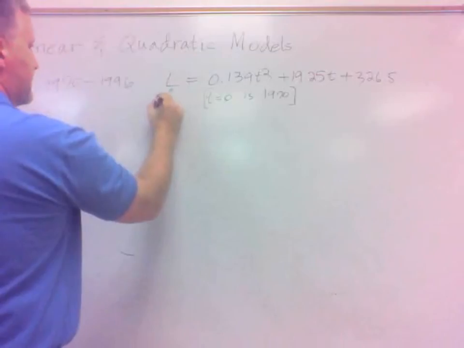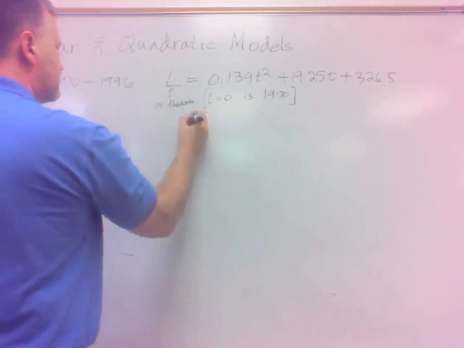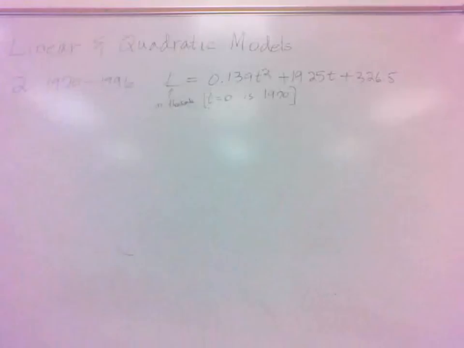So L is in thousands. This gives me the number of lawyers in thousands for year t, where t equals 0 is 1970.